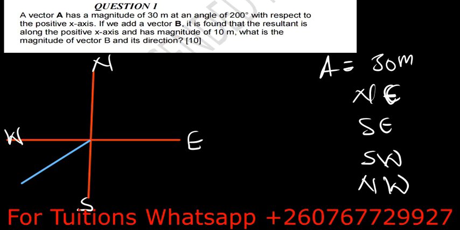I'm sure it would be 45 as well. But starting from the x-axis, it will cut into 45, which will be 180? 270, right? Why 270? 270 plus 45, are you sure?